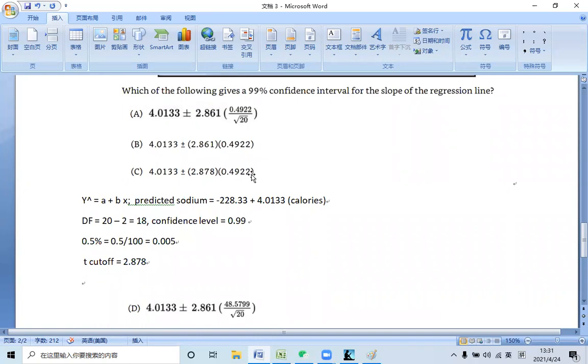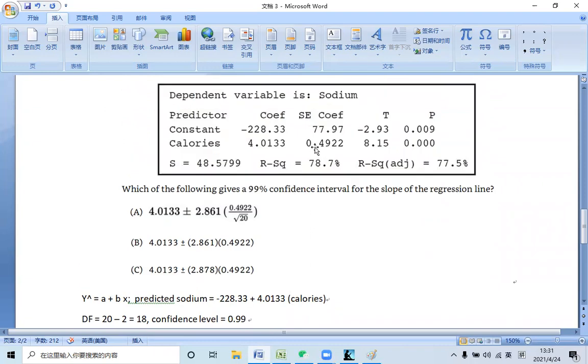Basically, it's here. 2.878 times the standard error. Here's an estimated standard deviation. It's this one. Let's check.